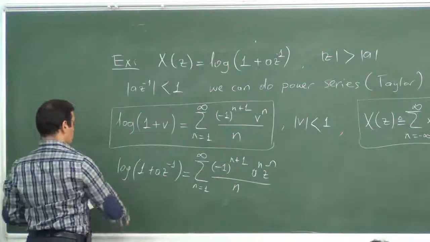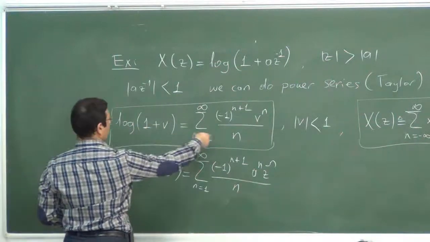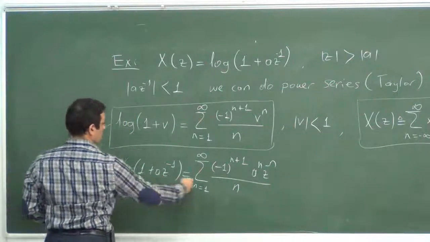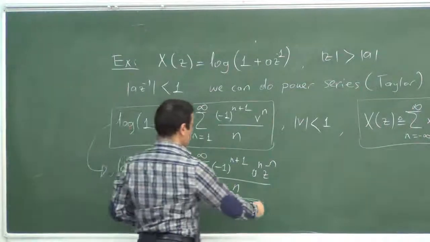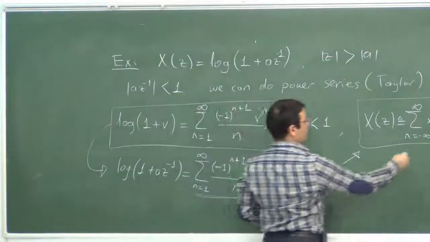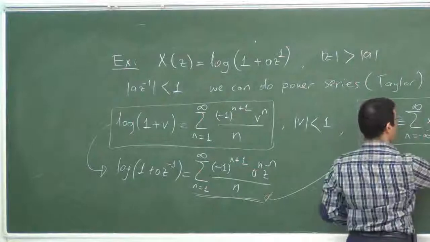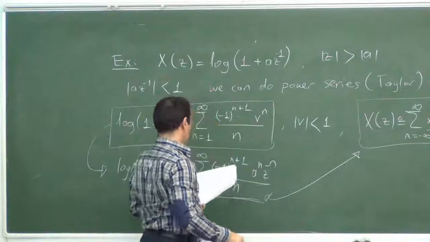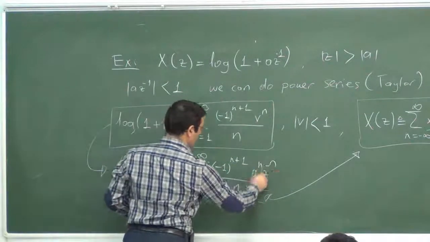Okay, so we can write this expression by looking at the power series expansion of this term in this form. So now check these two expressions. There is an xn term and there is a z to the minus n exponential term in here. So in your expansion there is a z minus 1 term in here.